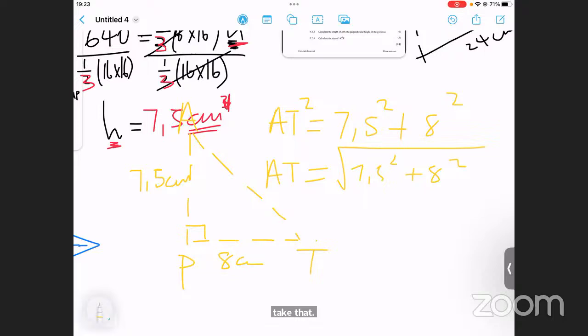Let's see, square root of 7.5 squared plus 8 squared. I am getting 10.97 centimeters as our AT.